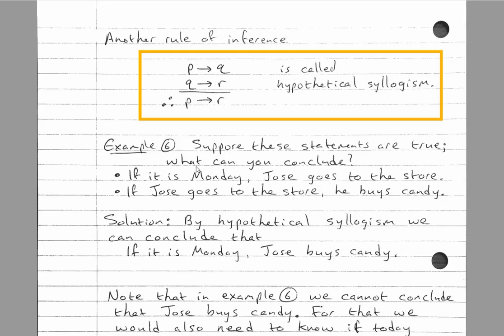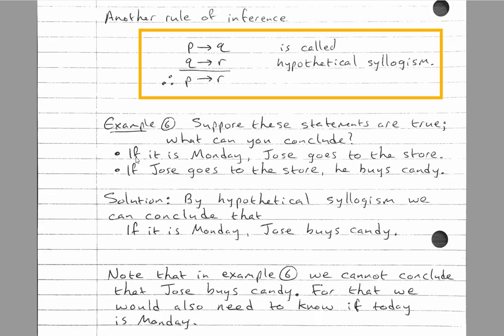So in this example, suppose these two statements are true. If it is Monday, then Jose goes to the store. That's the first implication. The second one is if Jose goes to the store, then he buys candy. Well, if those two are true, what can we conclude? Okay, so you can see what P, Q, and R are in this case.